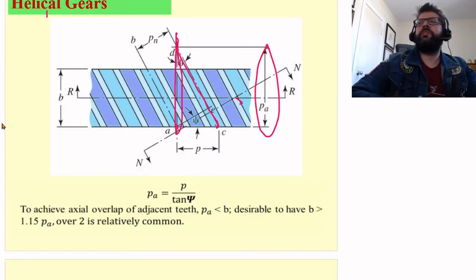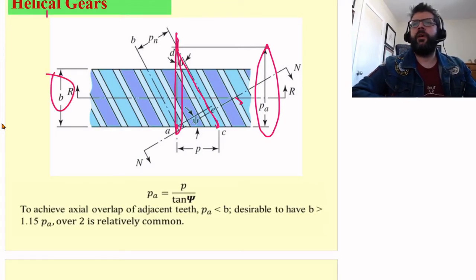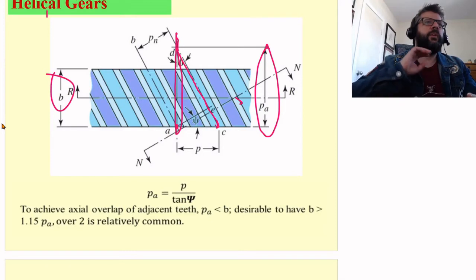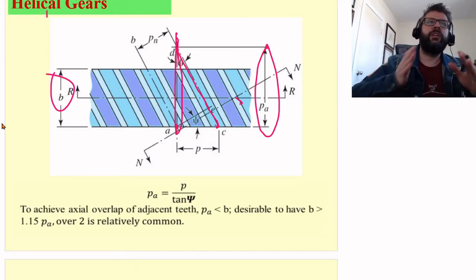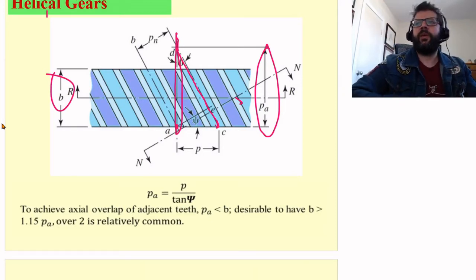So what we want is for that PA to be less than the width of the gear. Because if this is less than that amount, then we're going to have the two teeth coming into contact with one another.